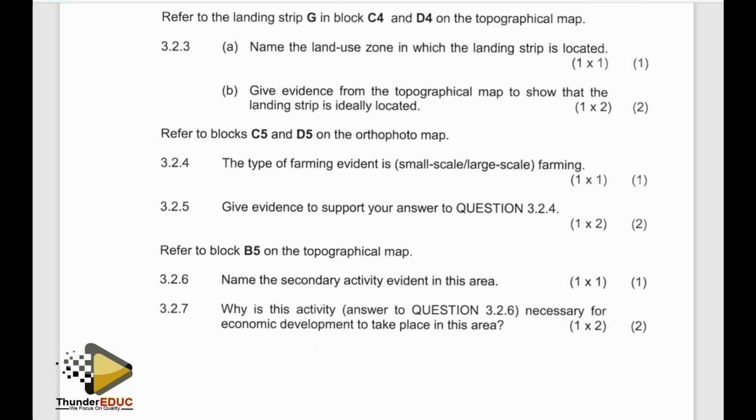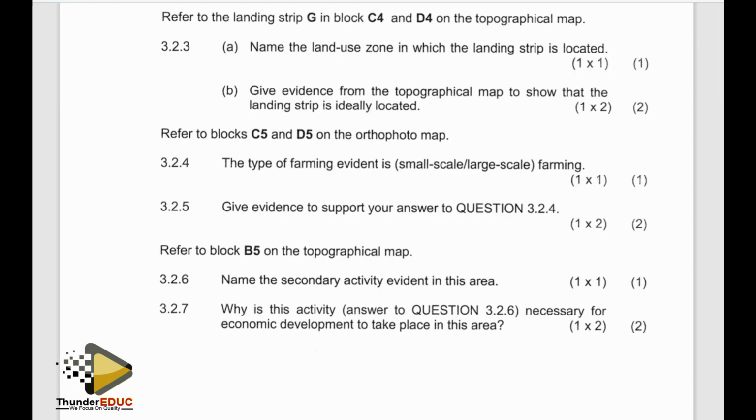Let's go to question 3.2.4. Name the type of farming evident: is it small scale or large scale farming? Not knowing again, but I will give you the evidence that you need to check to see if it's small scale or large scale. You check the land size, the land holding size.